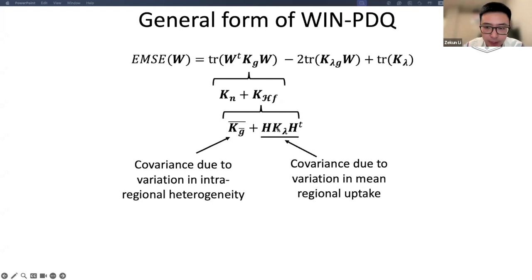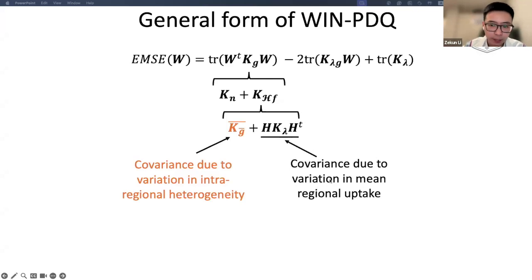Remember that the K lambda here denotes the covariance matrix of the mean regional uptake, and the H maps this kind of covariance to the projection domain. We can think about that as a variation of the system response of regional masks, which I won't go into much detail here, but it is quite easy to compute.